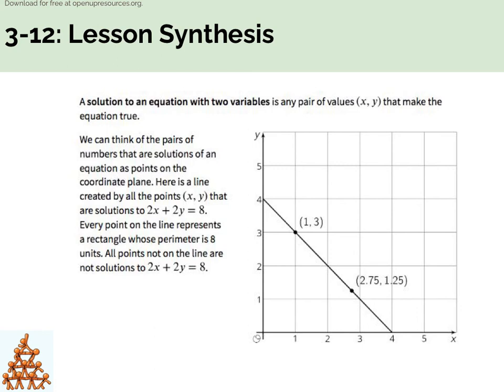In this example, 1 comma 3 is on this line, so it makes this equation true. 2.75 comma 1.25 is on the line, so this coordinate x comma y makes the statement true, and the statement we're looking at is 2x plus 2y equals 8. If I put this point in, both sides will be equal, and if I put 1 comma 3 into the equation, both sides will also be equal. That's what makes it either a solution or not a solution.